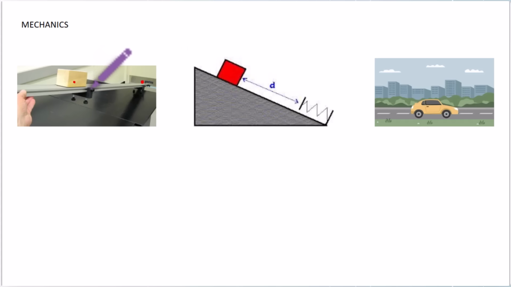On the way up, it had to do some work against friction. So going up, it's kinetic energy minus work done against friction, which is equal to the gravitational potential energy. So you can go both ways, going down or going up. Going down, you start off with gravitational potential energy. Going up, you start off with kinetic energy.